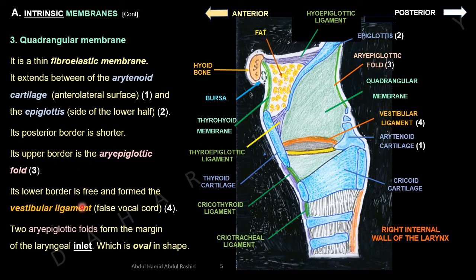Its lower border is free and formed by the vestibular ligament, that is, the false vocal cord. These two aryepiglottic folds form the margins of the laryngeal inlet, which is oval in shape.